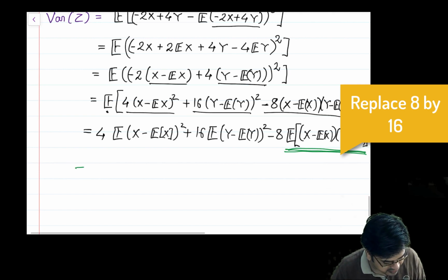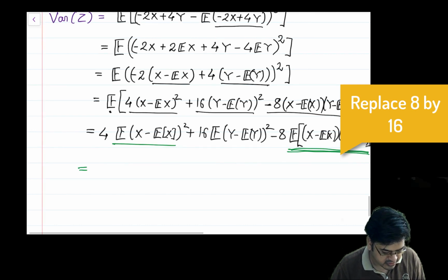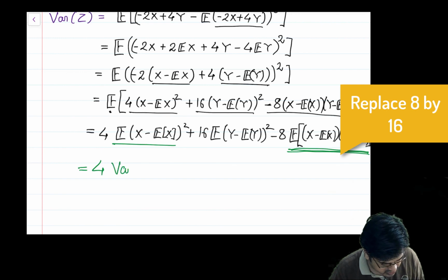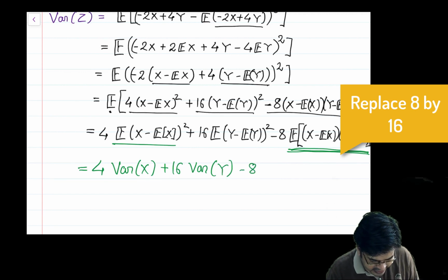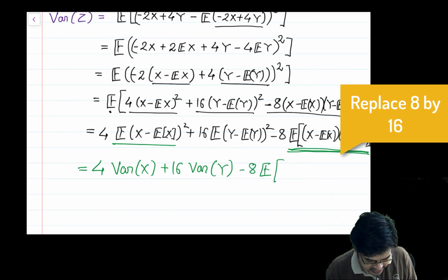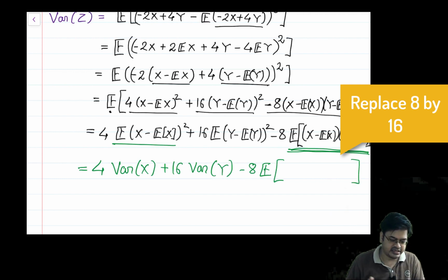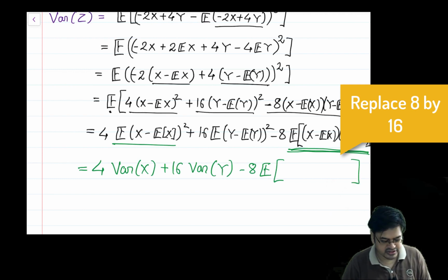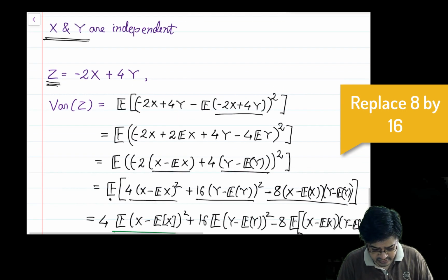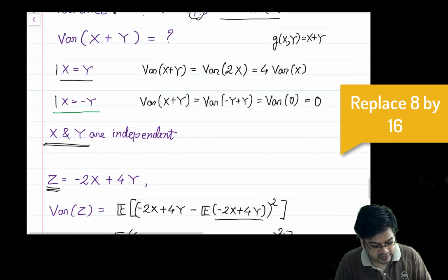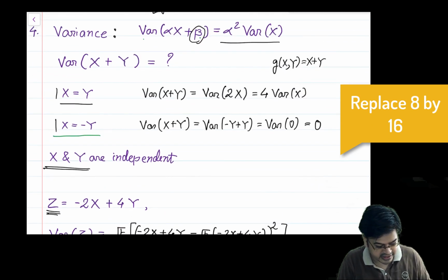By definition, this is nothing but variance of x. So it is 4 times variance of x plus 16 times variance of y, minus 8 times this term in the square brackets. Let us keep it aside. I got something very similar to my earlier result on variance, that variance of alpha x plus beta is alpha square times variance of x.